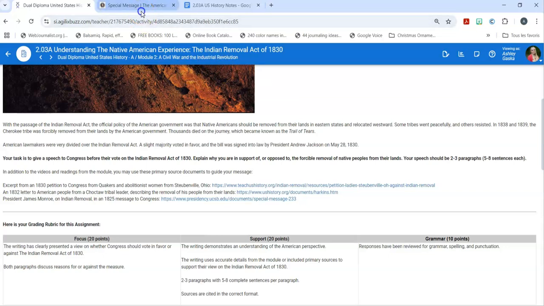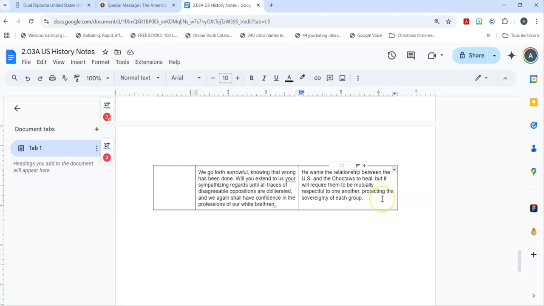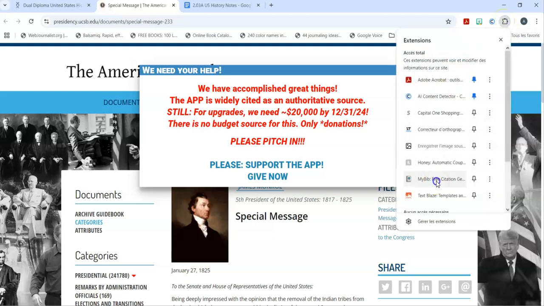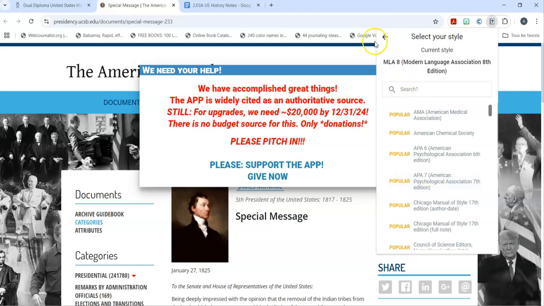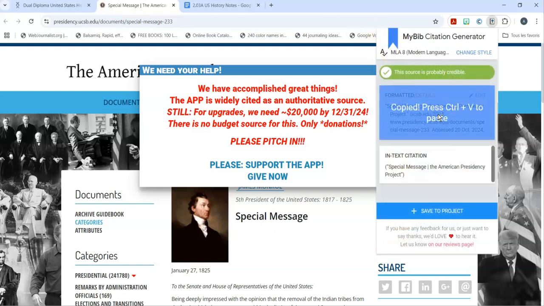So I've opened up the message, and just as before, I'm going to be using the same chart that I've been using, and I'm going to add my source, my bib. Go back to here, click to copy.